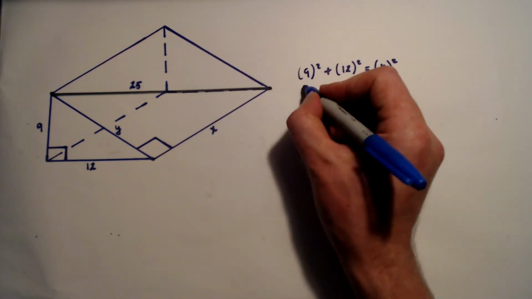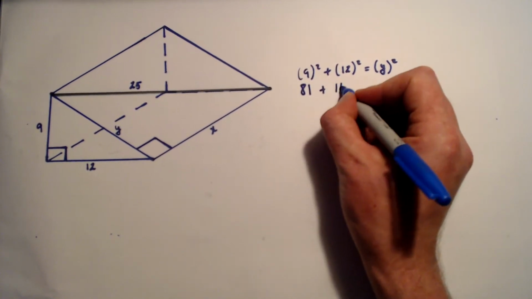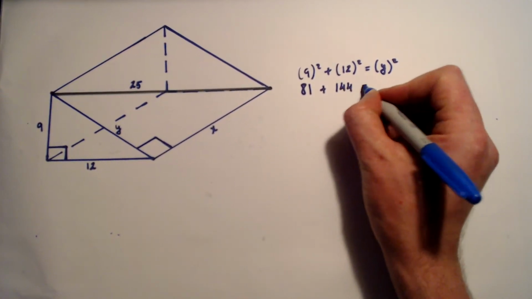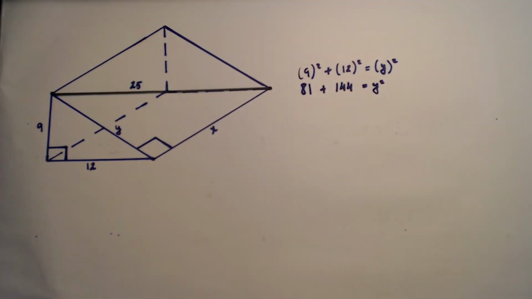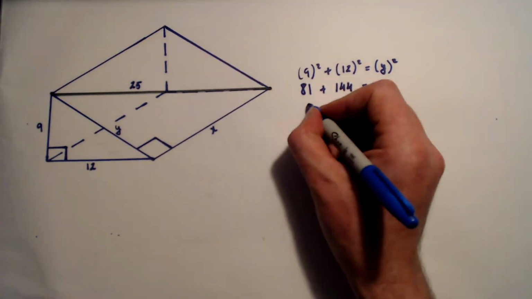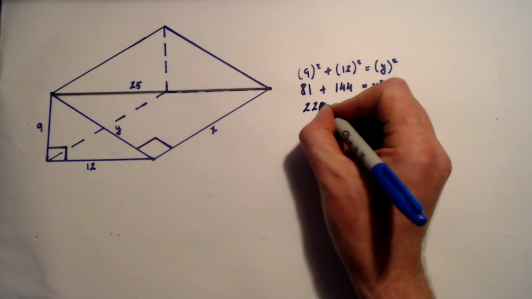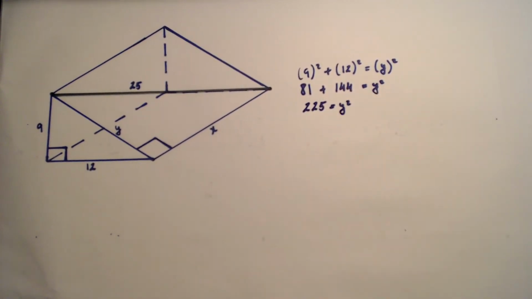That gives me 81 plus 12 squared is 144 is equal to y squared. 81 plus 144, if I do that quickly in my head, that's 225. So that is 225 is equal to y squared.